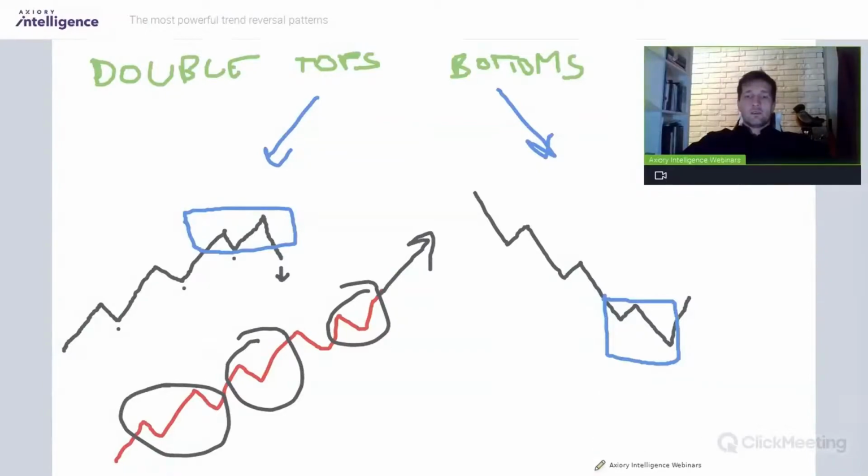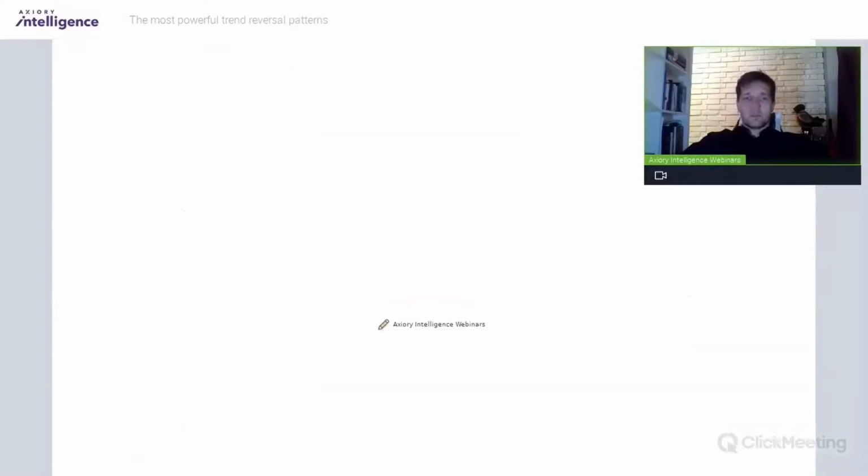So what is very important here if you want to trade double tops and double bottoms is divergence. A divergence of an oscillator, of an indicator of your choice. This indicator can be RSI, can be MACD, for example.